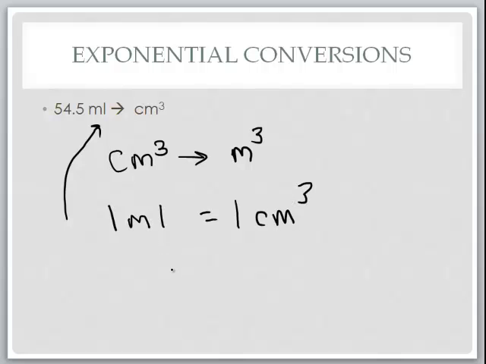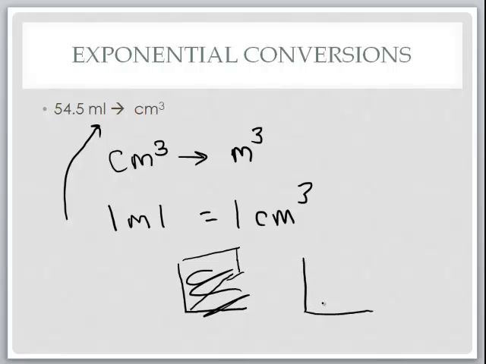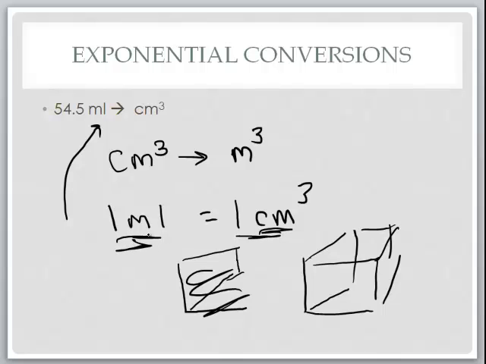The idea being, if you had a cube that was 1 centimeter by 1 centimeter by 1 centimeter, let's see if I can do this. As you can see, I am not an artist. We would have a cube that would fit 1 milliliter of water, so we call it 1 cubic centimeter. That's a very important relationship that we will use throughout this course. Understanding 1 milliliter equals 1 cubic centimeter.